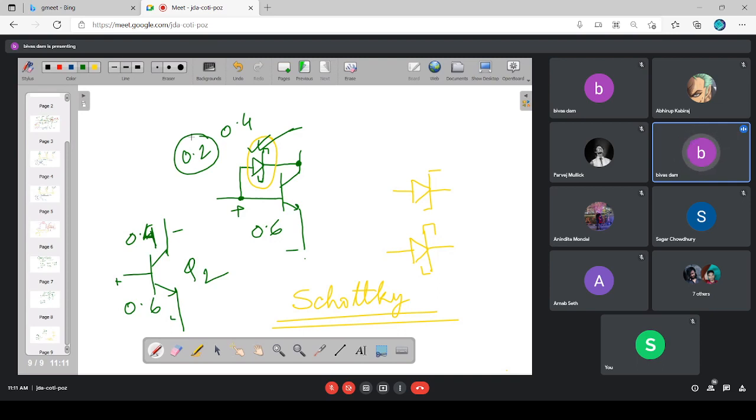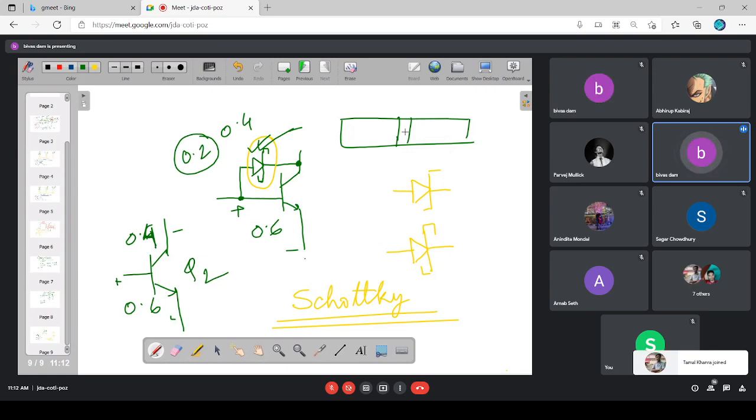As it is not completely saturated or completely on, what will happen is, when a transistor is saturated, there is a large amount of charge accumulation in the base region. Now, from that on state to when I want to bring the transistor to the off state, first that accumulated excess carriers in the base region need to flow out, and then only it can go through the active region and enter into the cutoff region.